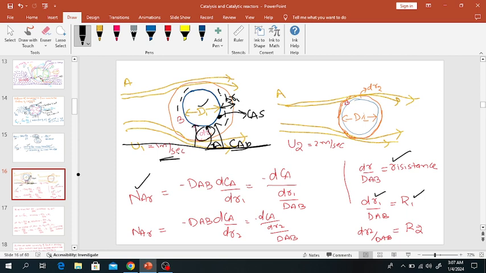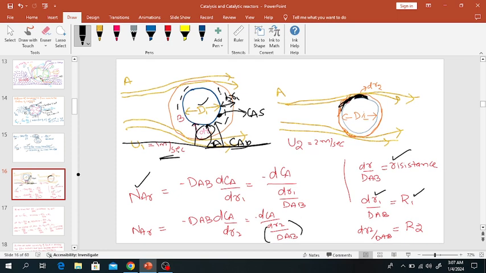Now when we increase the velocity of the liquid, the thickness of the liquid film will decrease, and it will reach dr2. This is dr2, this thickness. So dr2 divided by DAB is resistance number 2 to the mass transfer, in this case when the velocity of the liquid is 2 meters per second.